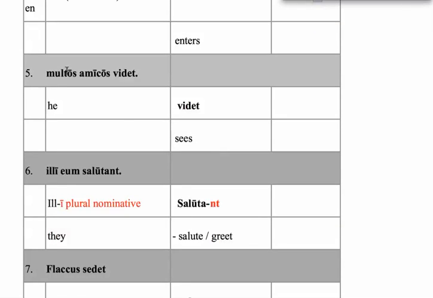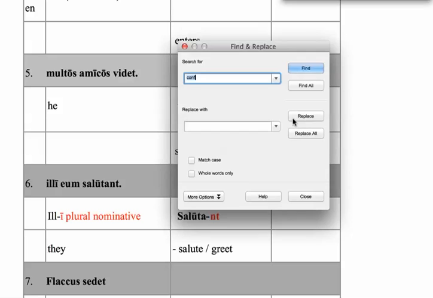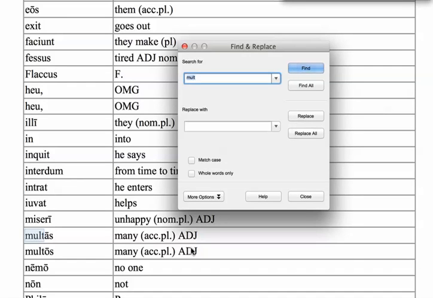Okay? A second form of accusative, we have here the plural form of the masculine, multos amicos. Multos amicos. If you don't believe me, you can look it up. Do it for yourself here. So multas, you see the feminine form. Multos, the masculine form.